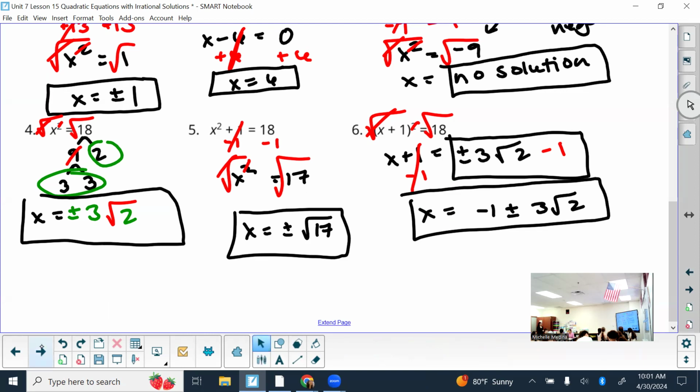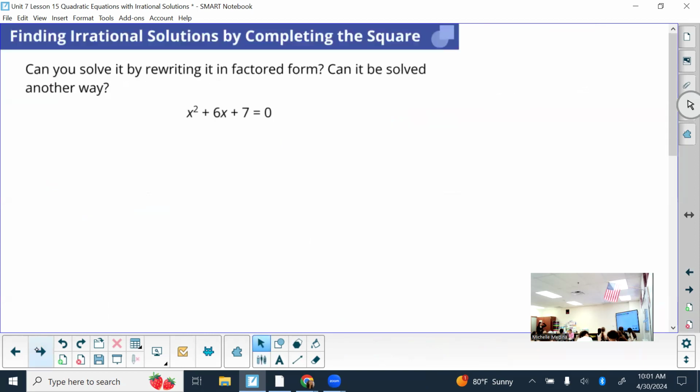And it says, can you solve this trinomial by rewriting it into factor form? So think back to when we solved by factoring. I know it's been like a week. Is this in the correct form that I can start factoring it?